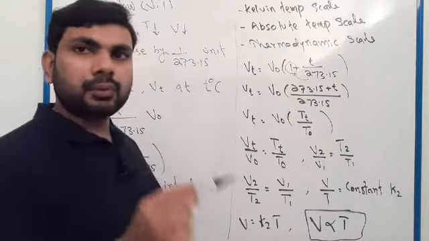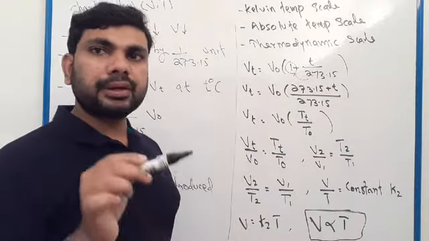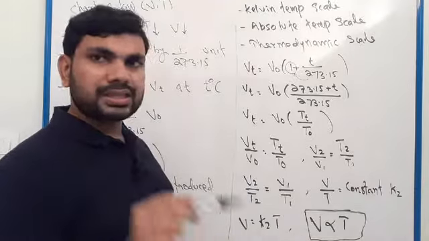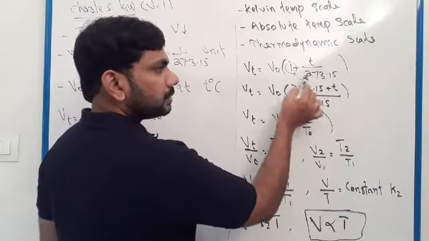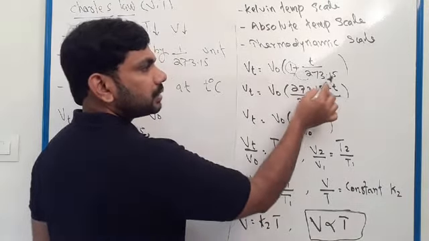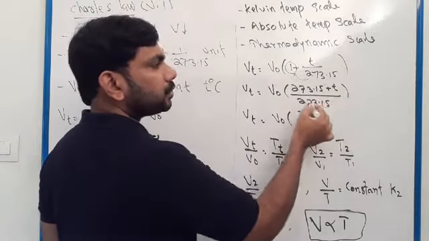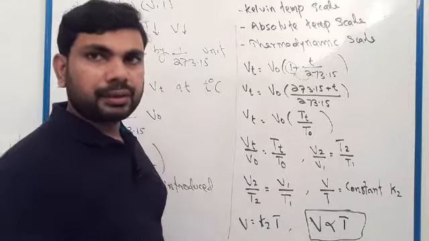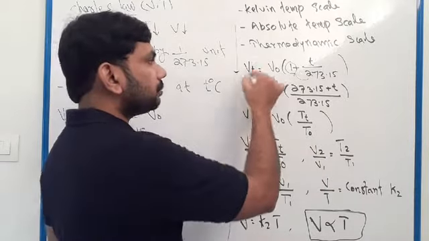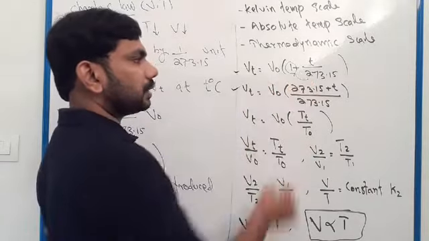So what happened here? 1 times 273.15 plus T, whole divided by 273.15. You can rearrange this equation like this after multiplication.